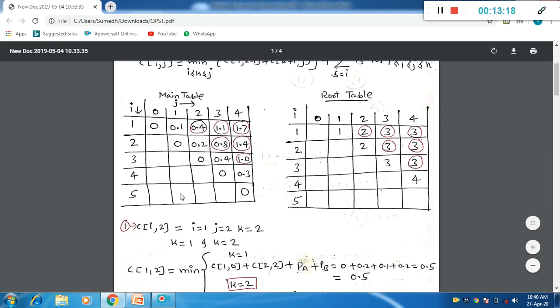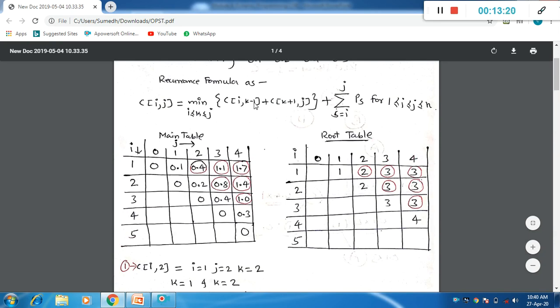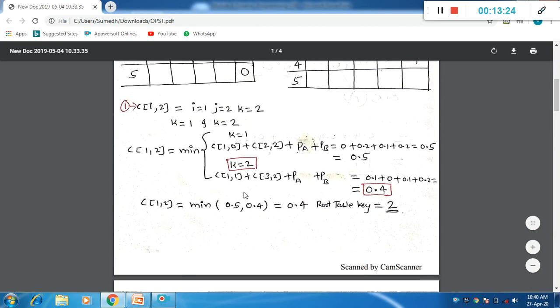Then you simply solve this formula two times, once using K equal to 1 and once using K equal to 2, as shown in this example.